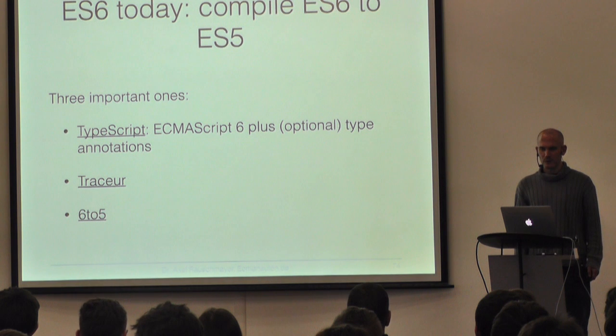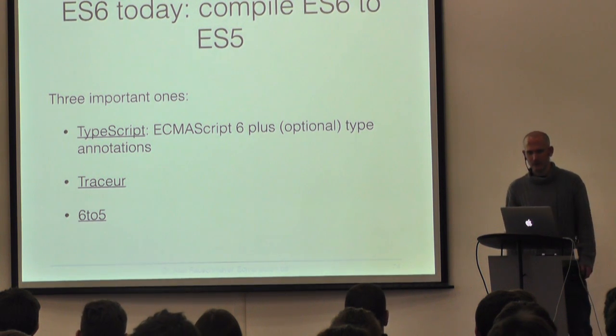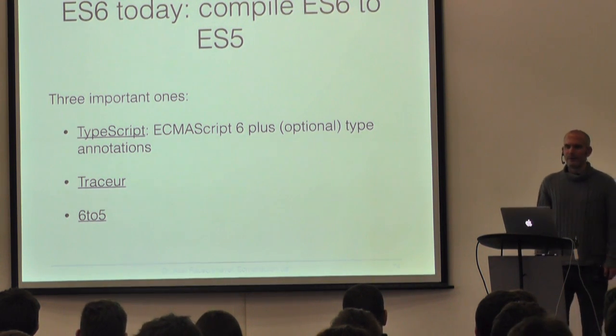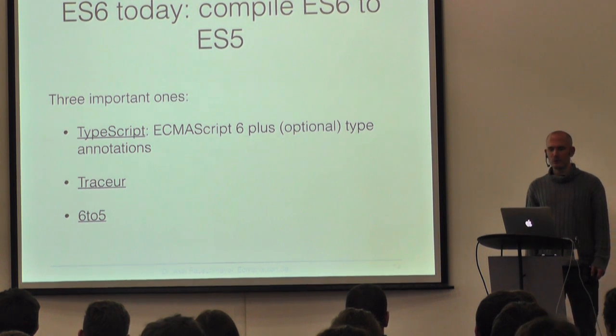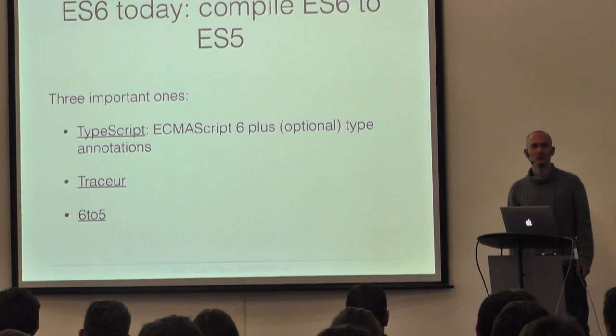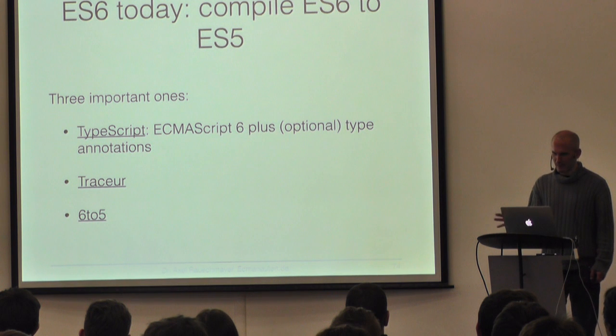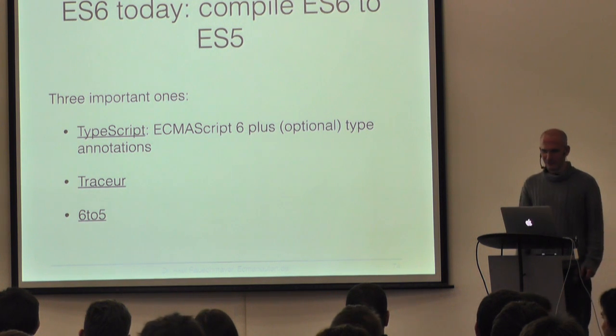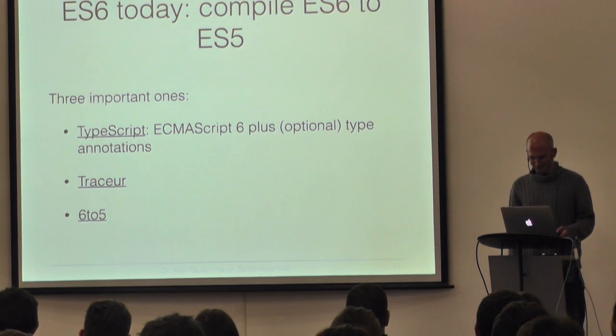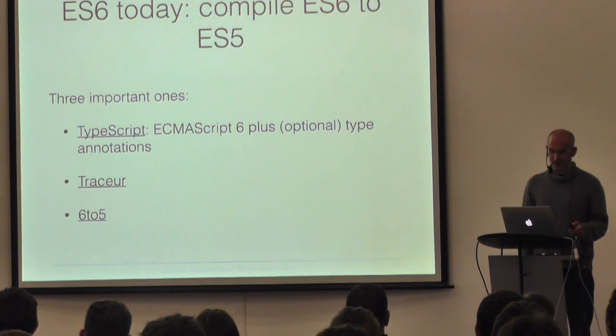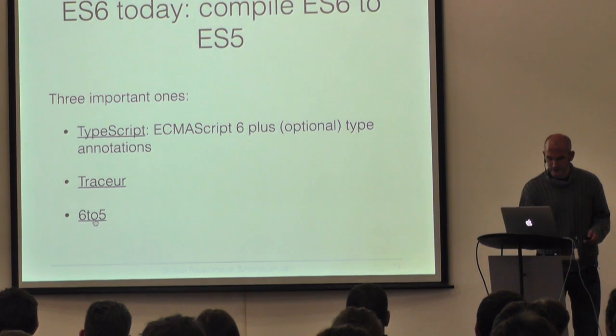Three important ones are TypeScript by Microsoft, Traceur by Google, and 6to5 by two Australian developers, with more contributors. And 6to5 is really nice. At the moment, 6to5 is incredibly popular.